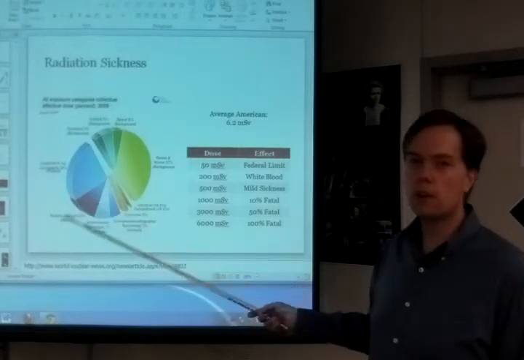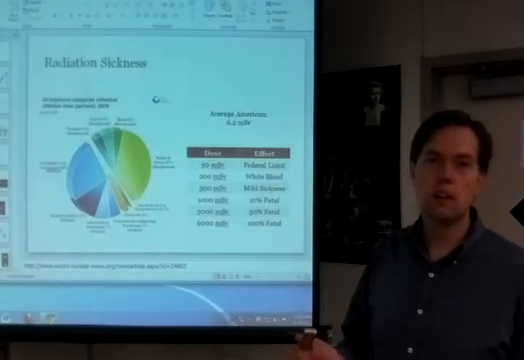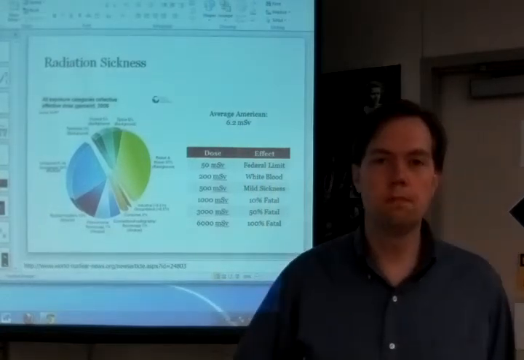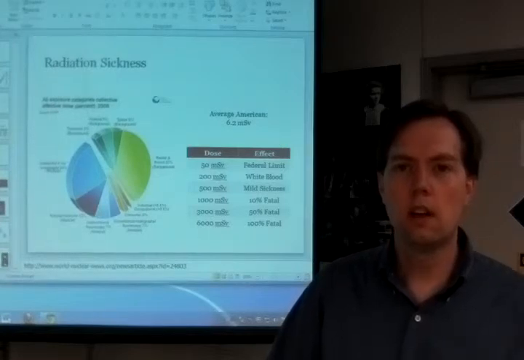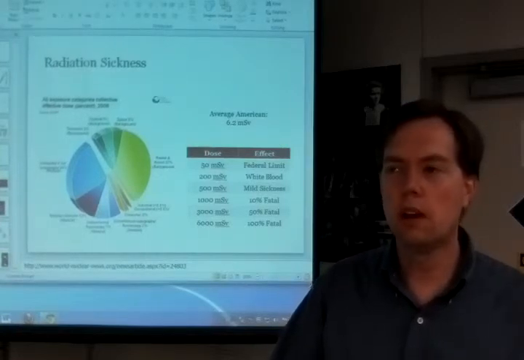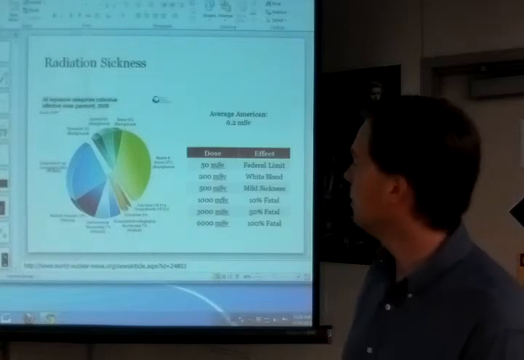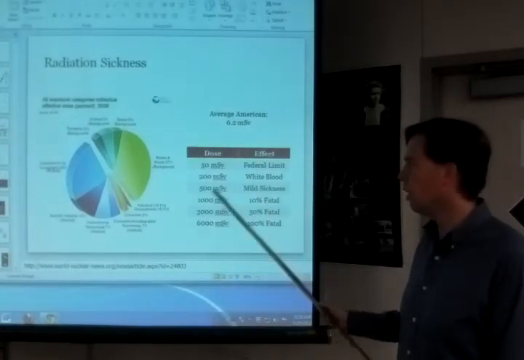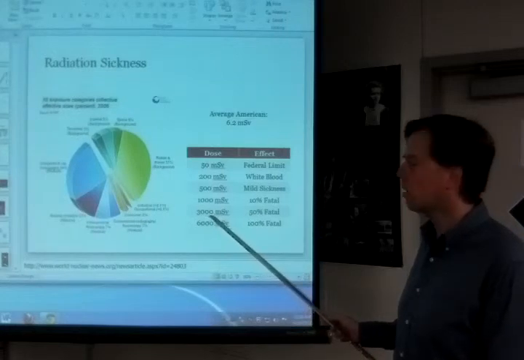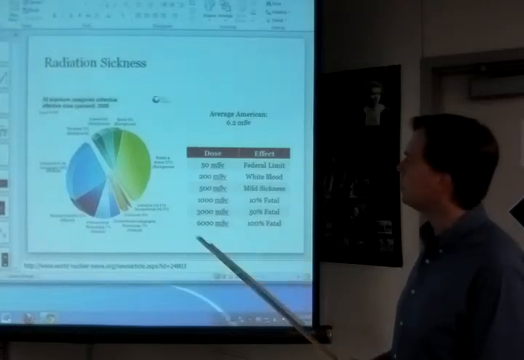And so if you combine them all together, about half of this 6 is just coming from the medical industry and our uses of that. And so that's a risk that we take, being exposed to this radiation. But you can see that it's far and away below anything that would actually make a person sick.